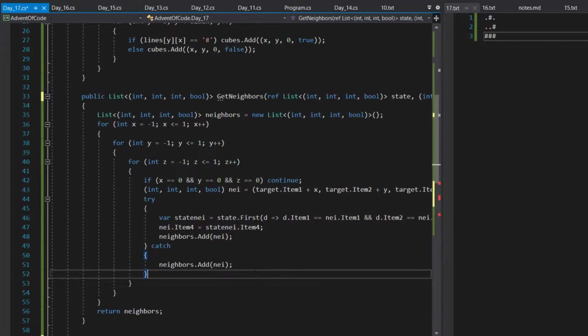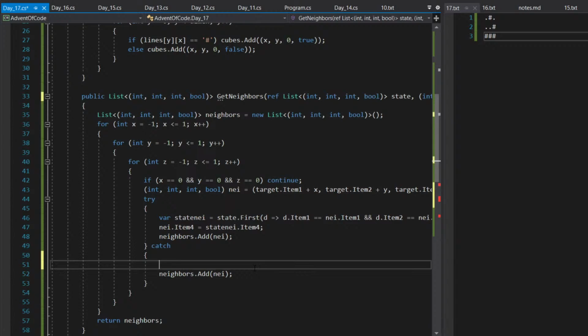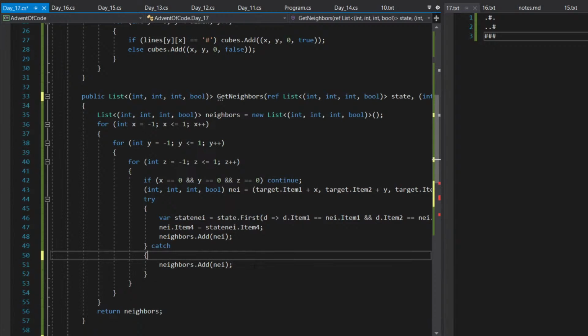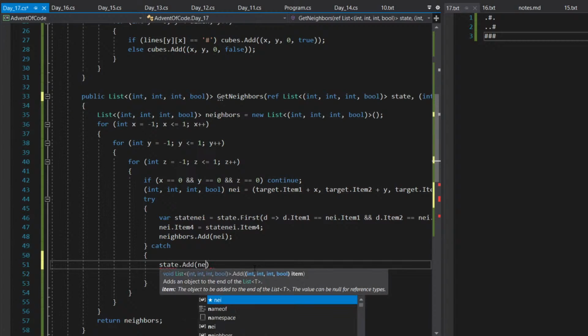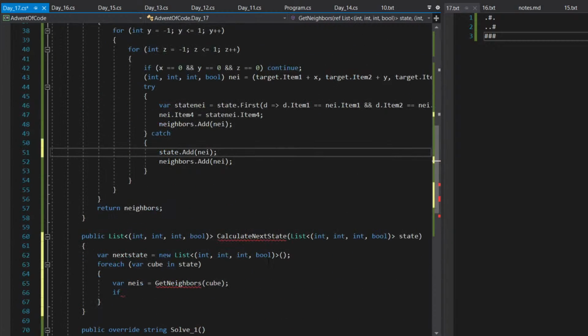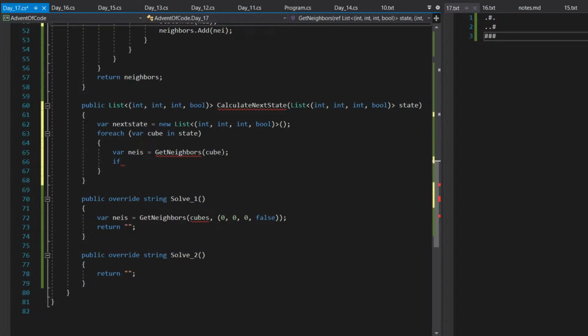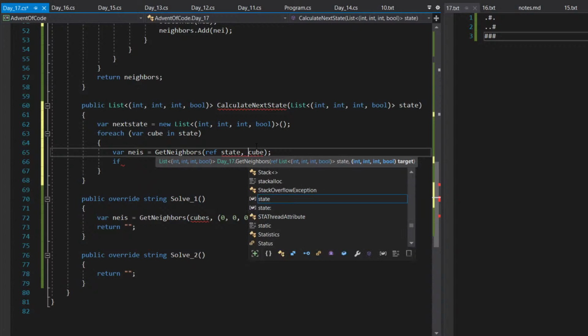And if we get to the point where the state doesn't have the neighbor, we'll add it to the state as well. So that should make it so that when we get to the outer edges of our cubes, it should add new neighbors. So get neighbors, ref, state, cube.